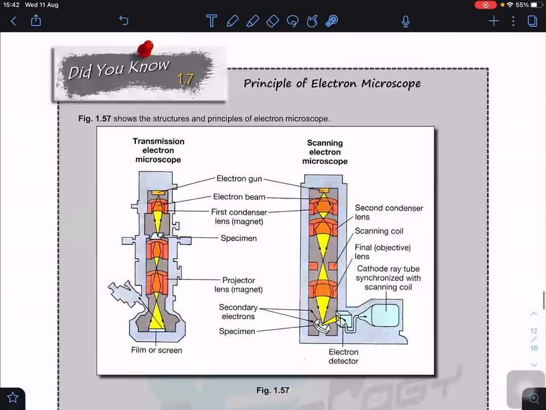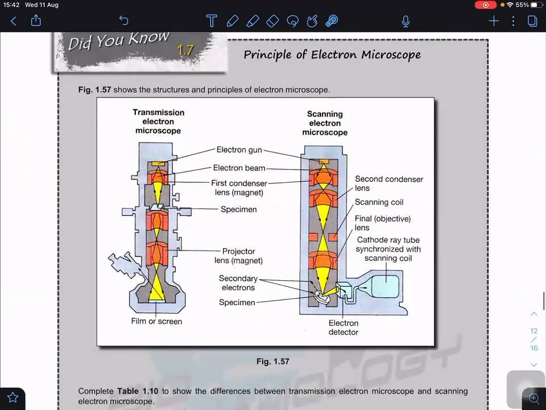So what's the principle of the electron microscope? Look at the transmission electron microscope compared to the scanning electron microscope. This is the electron gun that produces or ejects the electrons, and then we need to focus this electron beam onto a specimen. To do that, we need a condenser.